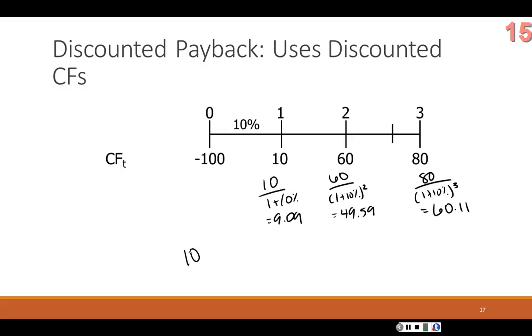So we start with our $100, the initial cost. We subtract off the present value of the proceeds from year one. So $9.09, year one. That leaves us with $90.91 left to recoup. So we subtract the value in year two, the present value of the $60, the $49.59.